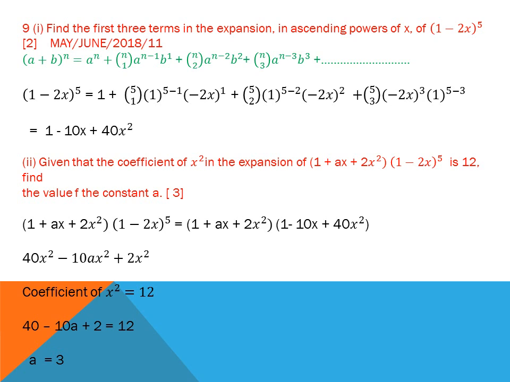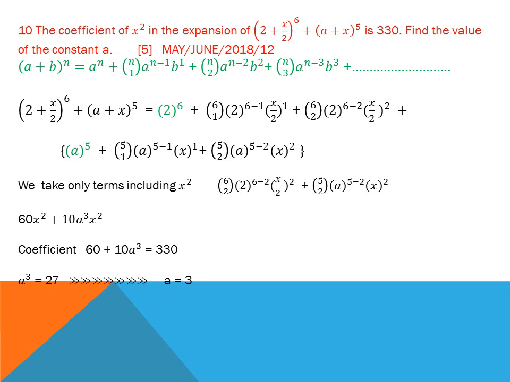So there are only 3 terms including x square here. So the coefficient will become 40 minus 10a plus 2. The coefficient of x square given is equal to 12. So 40 minus 10a plus 2 is equal to 12. So 40 plus 2, 42. 12 minus 42 will become minus 30. Minus 30 over minus 10, so a is equal to 3 here.